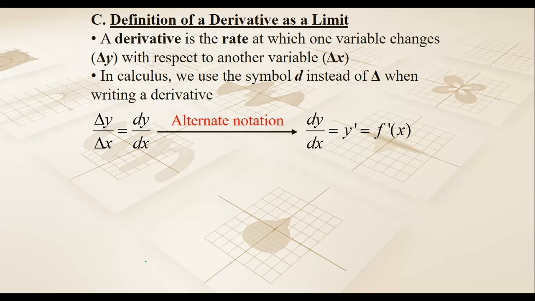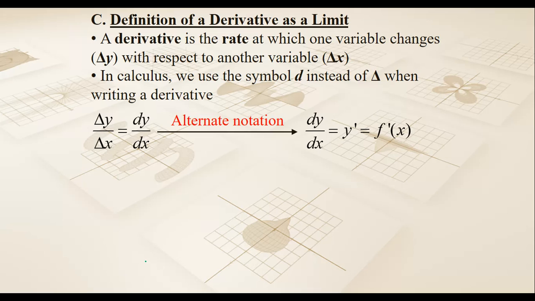Other things we can do that indicate we're looking at an actual derivative of a function: if we have a function y, we write down a little prime symbol beside it. So y prime would mean the derivative of y with respect to x, which is the rate at which y is changing with respect to x.